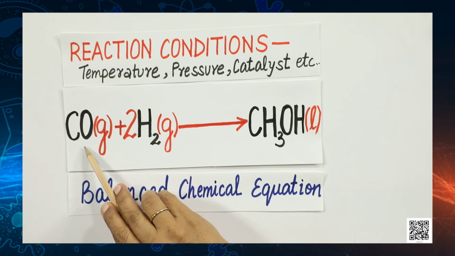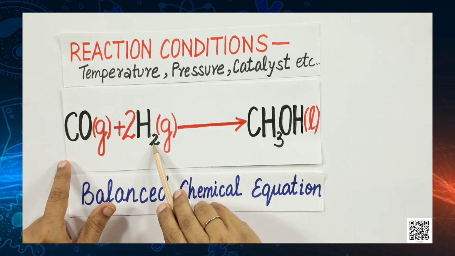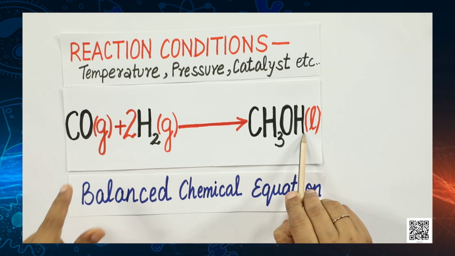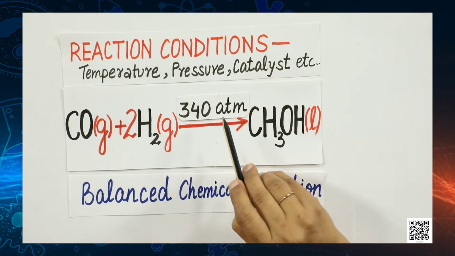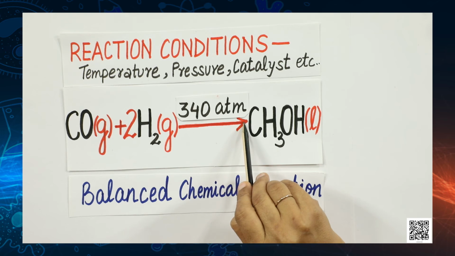Now, if we have a reaction in which carbon monoxide, which is in gaseous form, reacts with hydrogen gas to form methanol, which is in liquid state, this reaction happens at a particular pressure, and that is 340 atmospheric pressure. So, such reaction conditions can be written above or below the arrow.